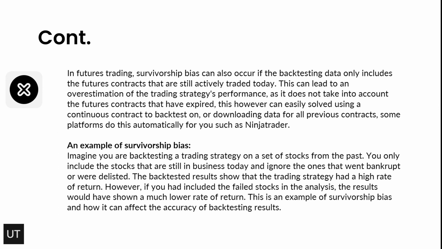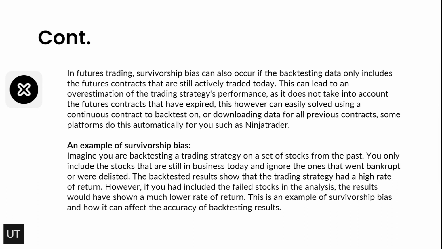In futures trading, survivorship bias can also occur if the backtesting data only includes the futures contracts that are still actively traded today. This can lead to an overestimation of the trading strategy's performance as it does not take into account the futures contracts that have expired. This, however, can easily be solved using a continuous contract to backtest on or downloading data from all previous contracts, and this is automatically done for you on some platforms such as NinjaTrader.